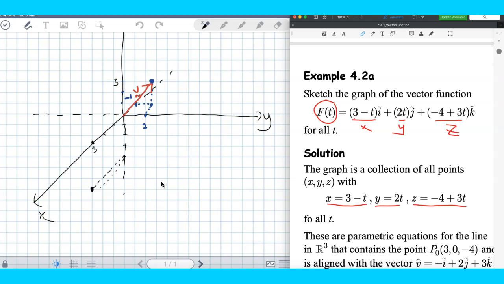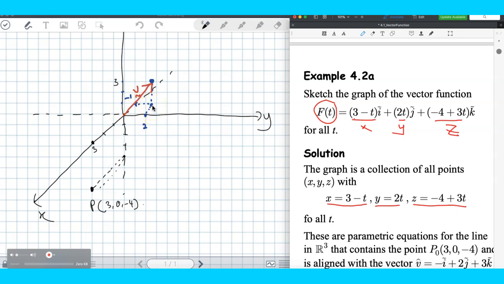So that is the point P located at 3, 0, minus 4. Okay, so you have to take a ruler and draw a line passing through this point P and parallel to the V here.